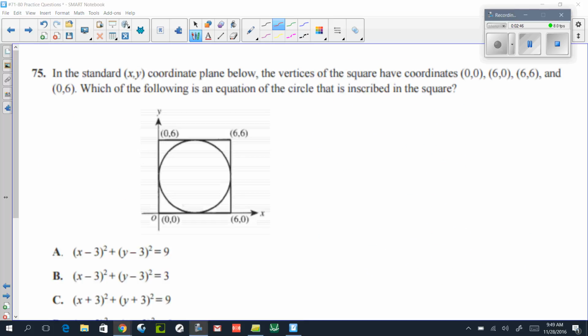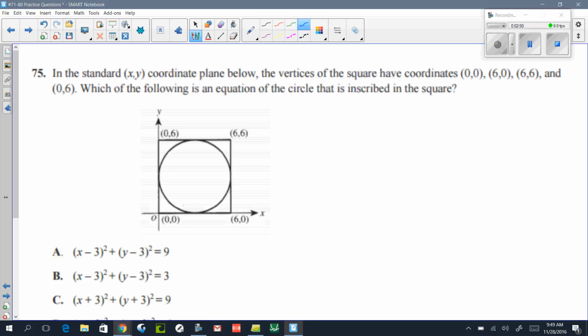All right, another question involving a circle, number 75. There also seem to be some problems on this. Remember, in one of the earlier practice questions, we talked about the general equation for a circle. The equation is x minus h squared plus y minus k squared equals r squared. Now, these values of h and k could be positive or negative, depending on our shift.